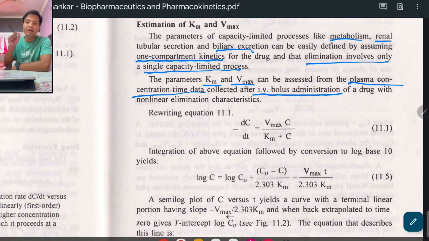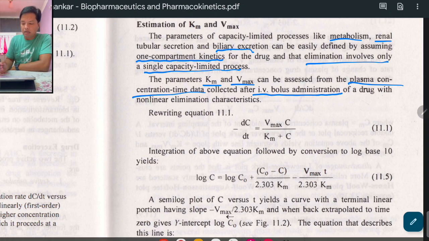Means I am giving an IV bolus of a drug following one compartment, the elimination is single capacity limited, and I will collect the plasma drug concentration data. From that data we can find the Michaelis-Menten parameters, Km and Vmax.